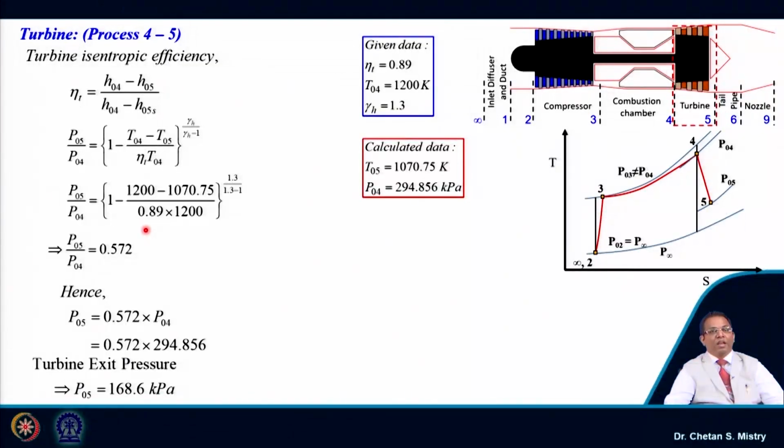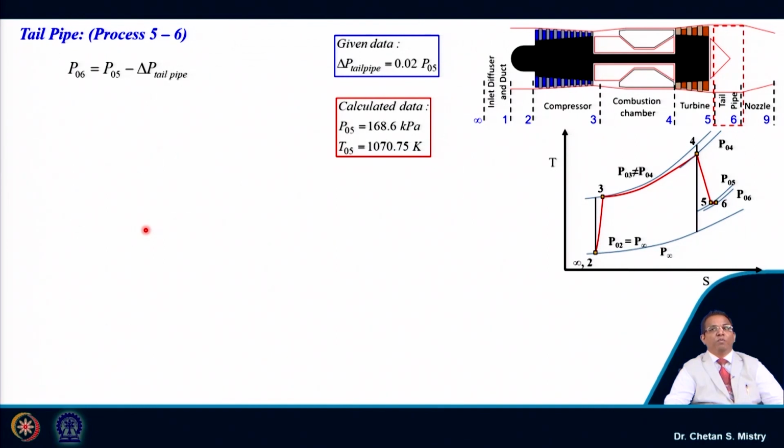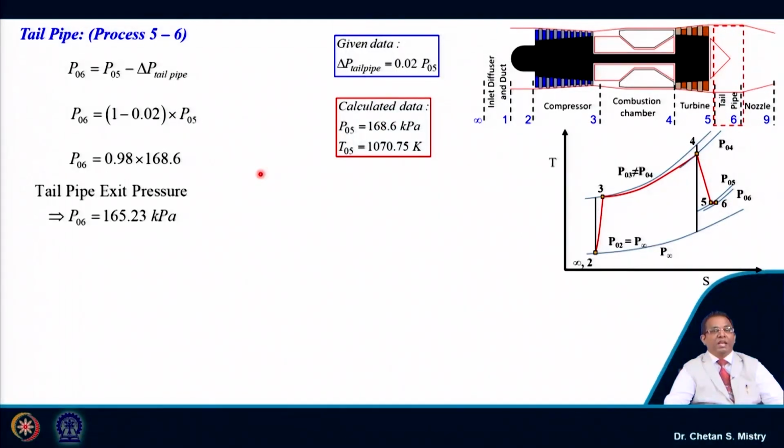Okay. Now, the next component we have is our tailpipe, and for that tailpipe the information is given. So, there will be a 2% drop of the pressure, and from this 2% drop we can get the value of P06, and this P06 is coming 165.23 kilopascal.